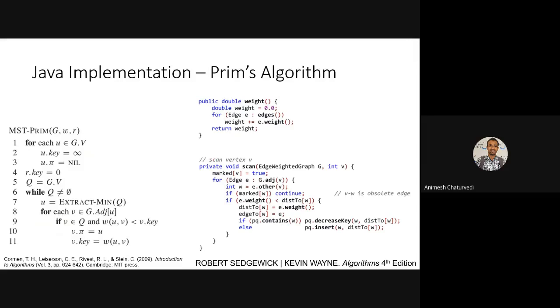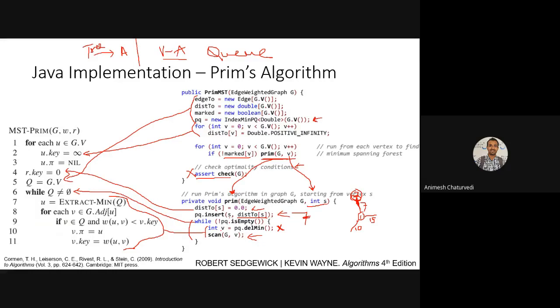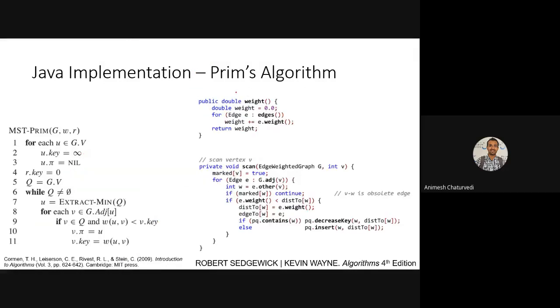So we'll discuss this scanning. It means 7 would be removed from that queue. Means 7 will be shifted to the tree and 7 would be deleted from the queue. And next, that scan would be done.